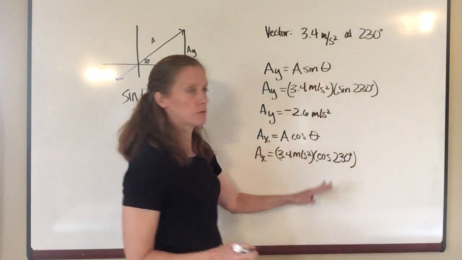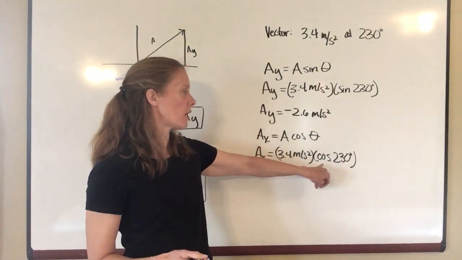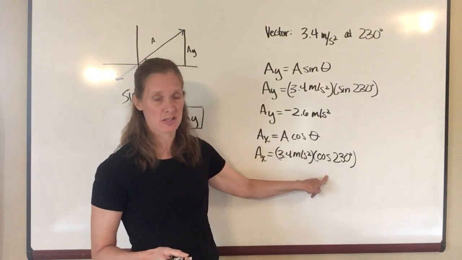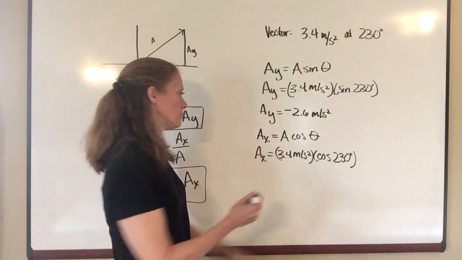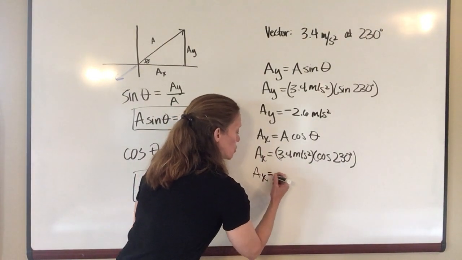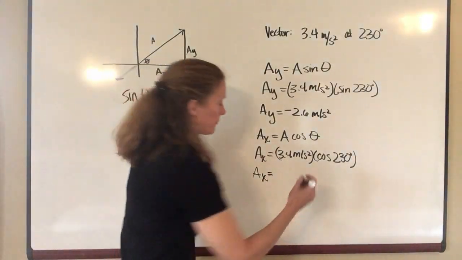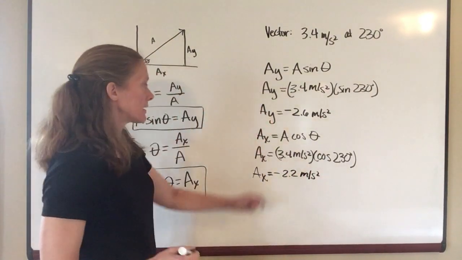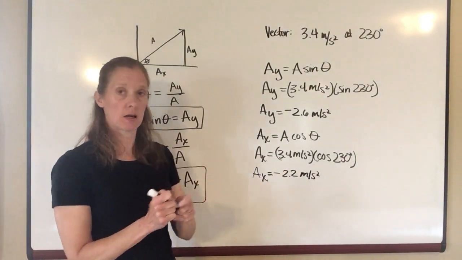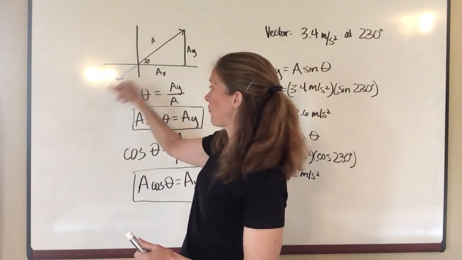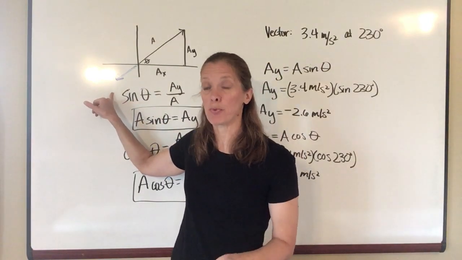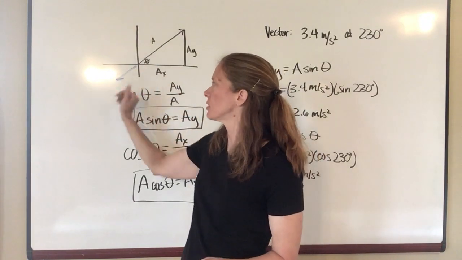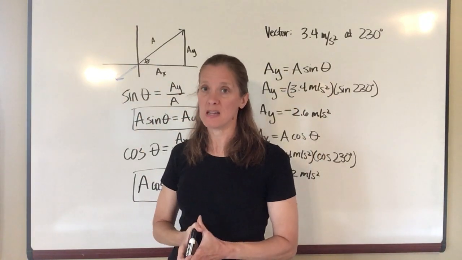So again, depending on which order you type that in, 230 cosine times 3.4 meters per second squared, that should give you an answer of negative 2.2 meters per second squared. So again, the x component came up negative, which, if this vector is at 230 degrees, we predicted should be the case. At 230 degrees, both your x component and your y component should be negative.